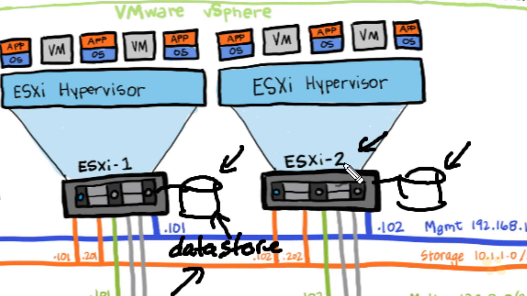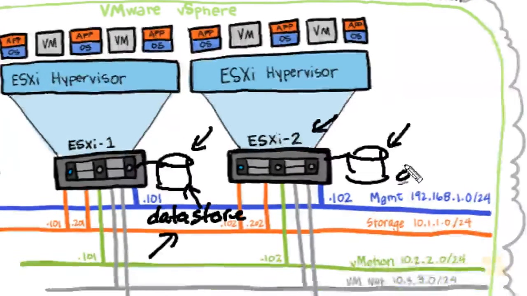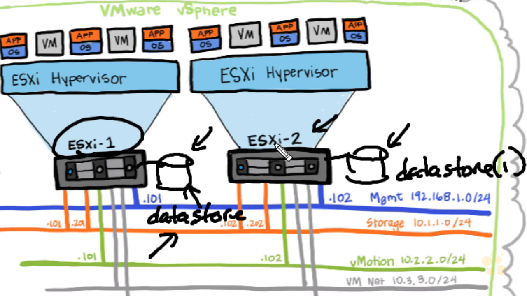So when we brought ESXi2 into vCenter, because it also had a data store named "data store," it renamed it to data store with a parentheses 1 to make it a unique name. So if we wanted to, inside of vCenter, we could go to each of these data stores, the one associated with ESXi1 and the data store associated with ESXi2.